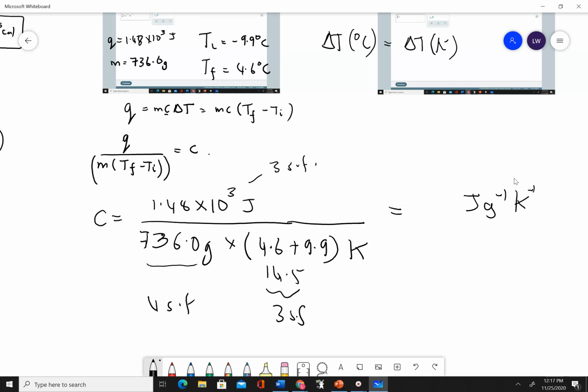So here we go. 1.48 by 10 to the 3 divided by, put the whole of the bottom line in parentheses, 736 times parentheses 4.6 plus 9.9 parentheses, close the second parentheses, hit enter, and it ended up being 3 sig figs, 0.139.